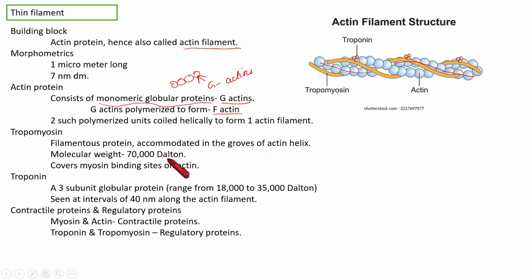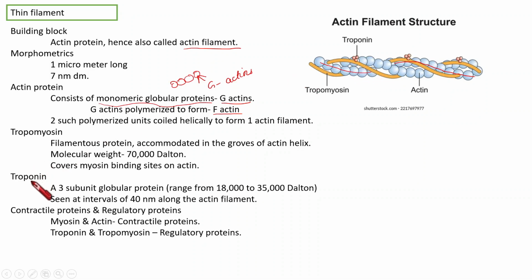Molecular weight is 70,000 Dalton. And it covers or masks the binding sites for myosin in the actin filament. It shuts the binding sites in the actin filament that need to be bound by the myosin filament.